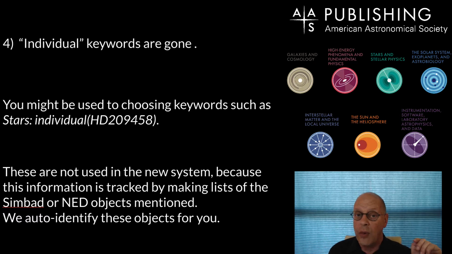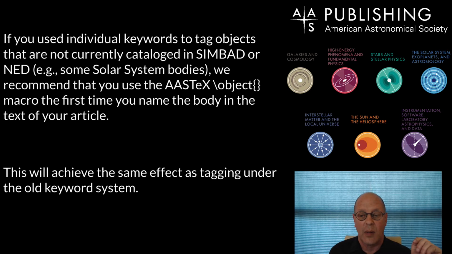Now, it's true that SIMBAD and NED don't have every single object ever, and of course there will be new objects discovered. If you used to use individual keywords to tag objects that are not currently cataloged in SIMBAD or NED, for example some solar system bodies, as we discover more and more bodies in the solar system, we recommend that you use the AASTEX macro \object{} with curly brackets the first time you mention the name of the body.